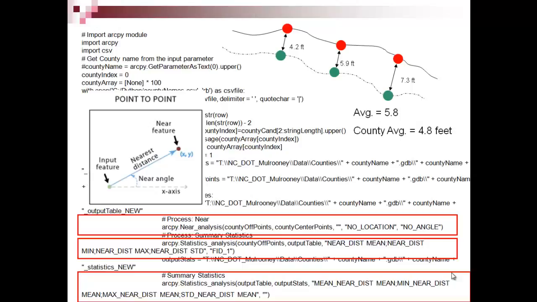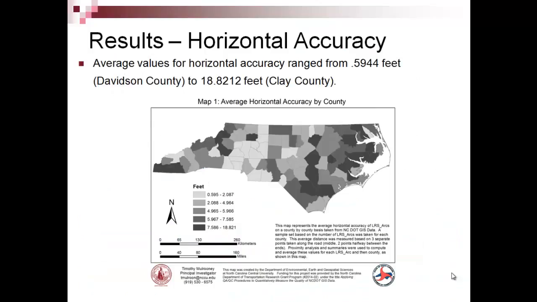So for every single county, we had an average horizontal accuracy. For every single arc, we had an average horizontal accuracy. So we can look at spatial autocorrelation not only at the county level, but at the sub-county level for these randomly selected features throughout the county. And these are the results that I have.